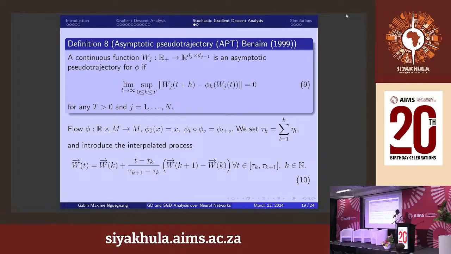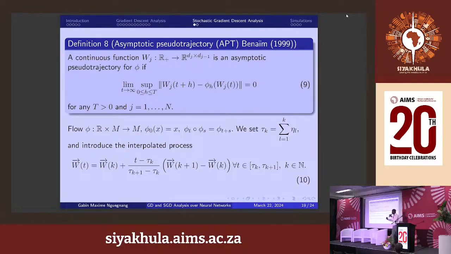One important piece of information here is that if you have a continuum process that satisfies this limit condition, then that process would be an asymptotic trajectory of a certain flow. The flow is a diffeomorphism that satisfies these two conditions. The important information here is the following: if you fix T, then the interpolated process would be a shadow of a gradient flow.